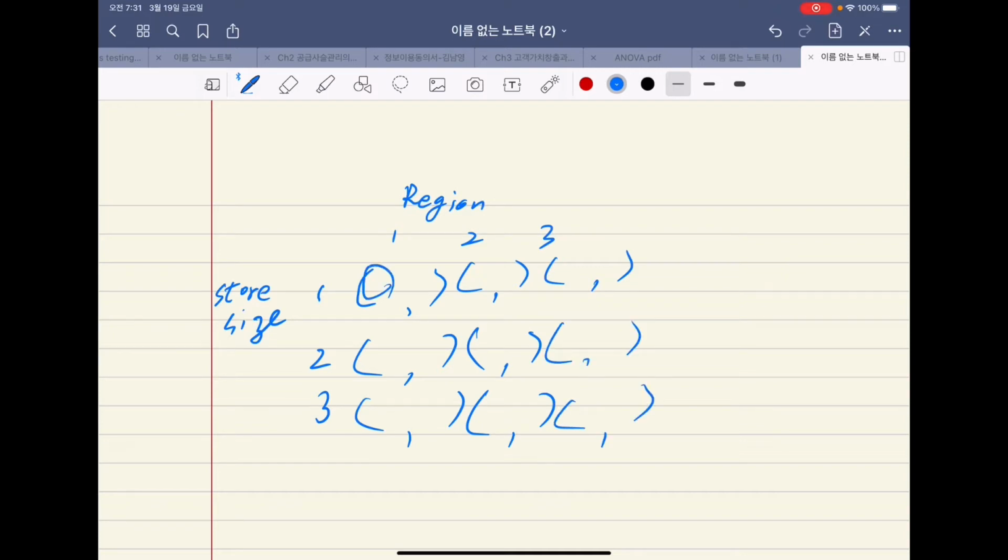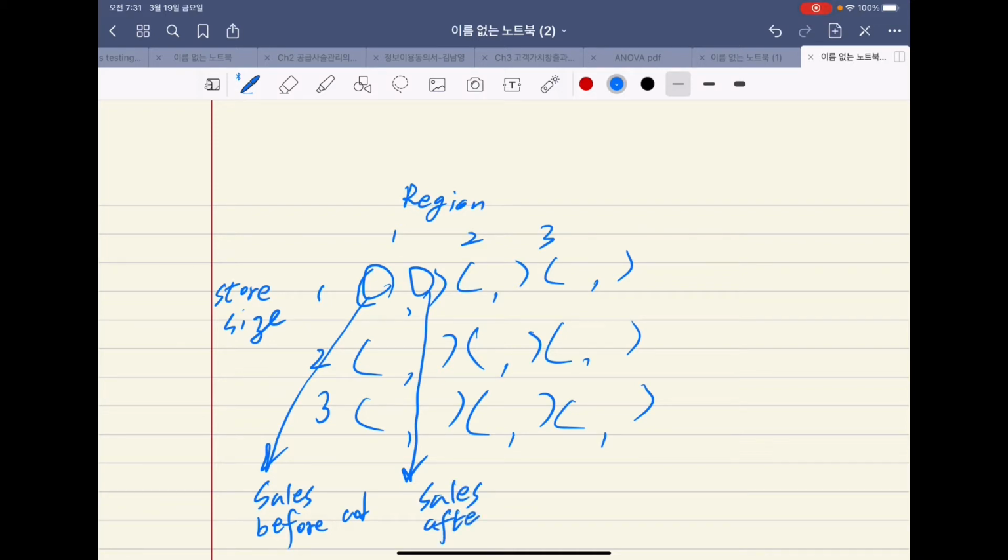So first one is sales before advertising, right? And the second one is sales after advertising, right? In this kind of situation is called MANOVA.